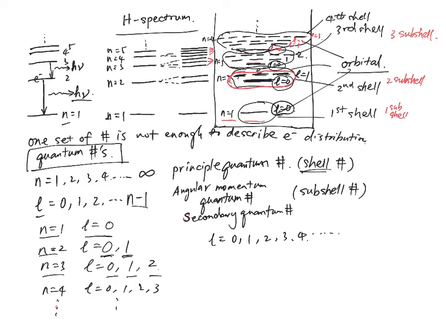And what people found out is that if electrons are in the bottom subshell of all the different shells, their behavior and their range of popping up, of being observed, is very, very similar to each other.